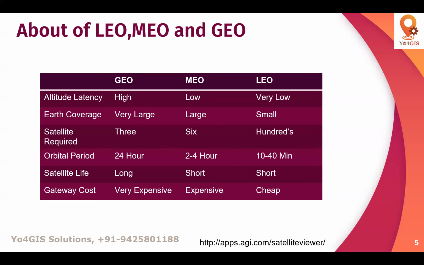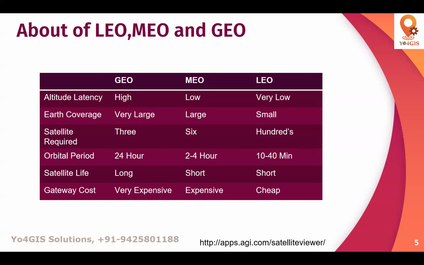This is very simple. GEO will cover a very large area, MEO will cover a large area, and LEO will cover a small area, because the altitude of LEO is low, the altitude of MEO is greater than LEO, and the altitude of GEO is the highest.